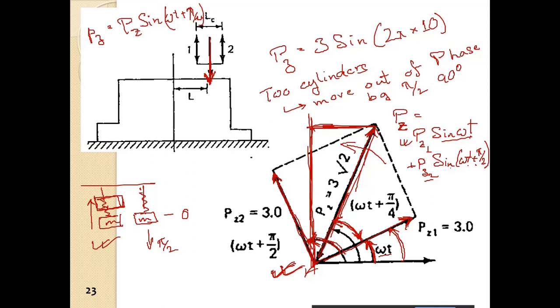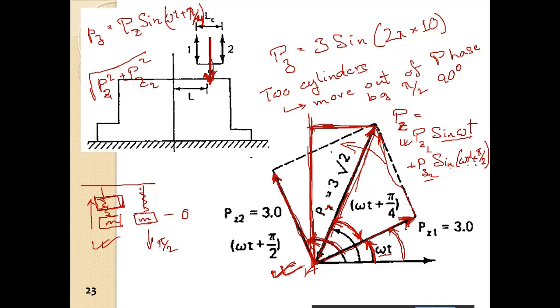So pi by 4 is the initial phase of the total applied force on the foundation. And what is the maximum magnitude of this force? Obviously it is root over Pz1 square plus Pz2 square. So if this is Pz1 and this is Pz2, it is root over a square plus b square. Easy as that.